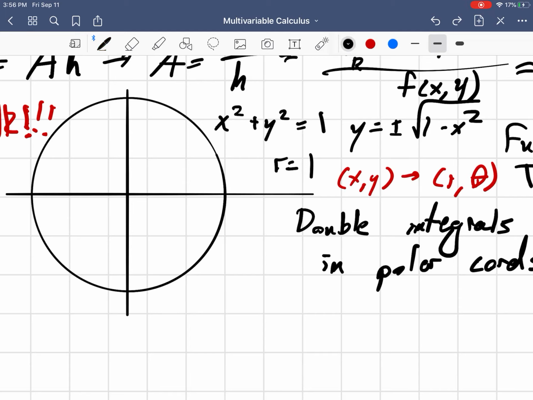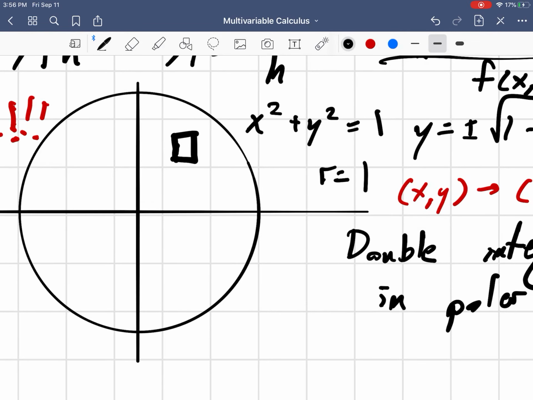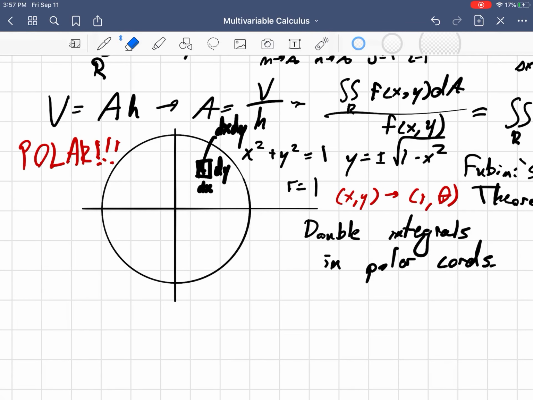And so in Cartesian coordinates, right, we would be talking about some infinitesimal, I'm being very loose in my description here, some, quote, infinitesimal square, right? And so it would have a base of dx, and a height of dy. And so then its area is dx dy, and that's where the dA comes from.